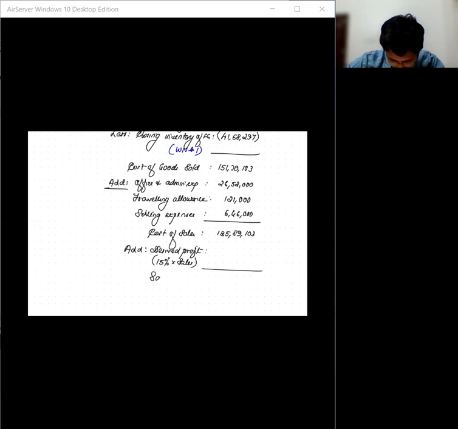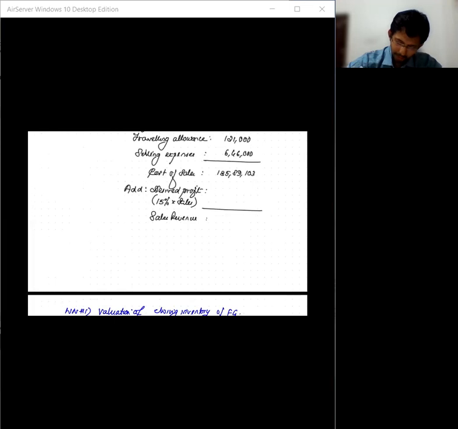A simple calculation will suffice. Let sales revenue be X. X is equal to cost of sales plus profit margin. Profit margin is 15% of X.